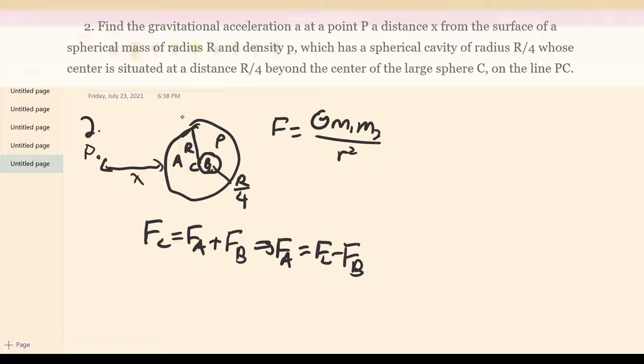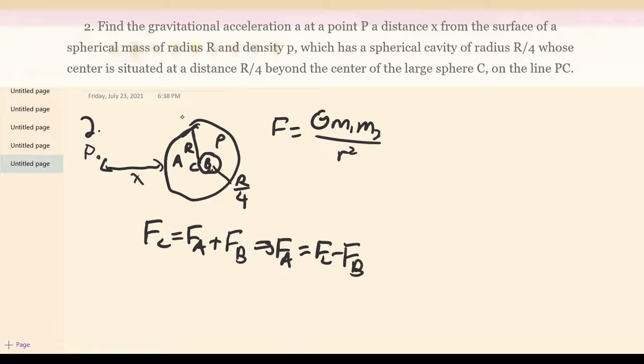Since FA by itself is pretty hard to calculate, but C and B are both spheres, those should be much easier to calculate, and we can just use that to find it. So now it should be pretty easy. You can just plug these numbers into the formula here.